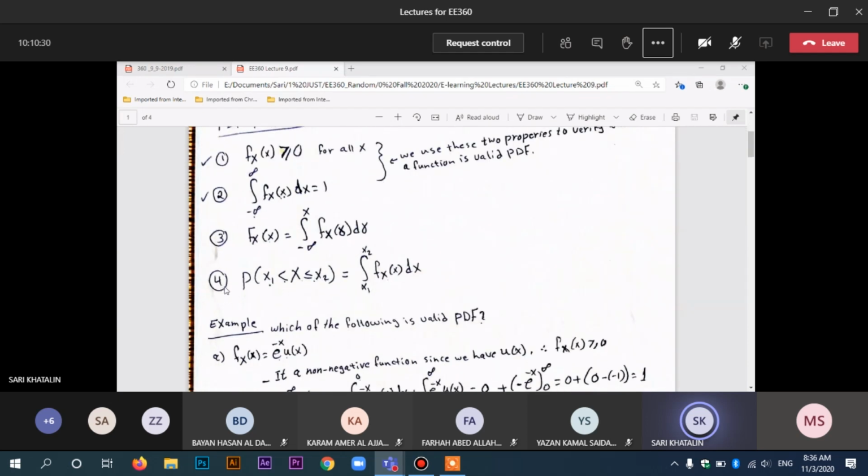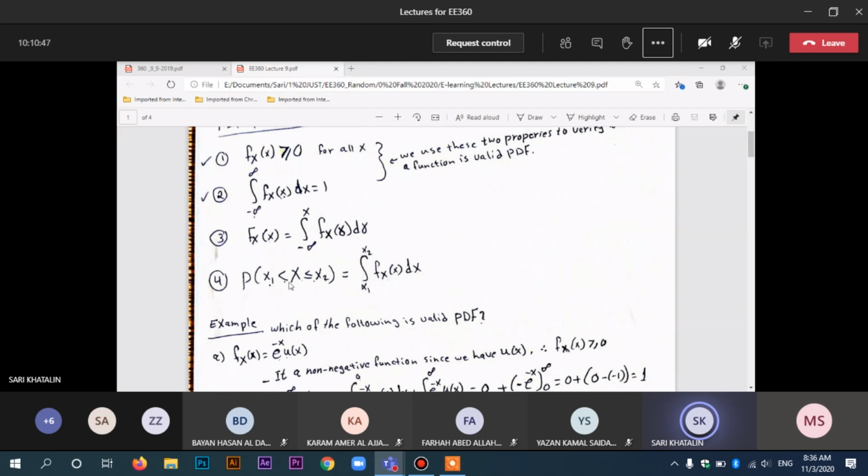And the fourth one: if you need to find the probability of the random variable x being between x1 and x2, you can find that by taking the integration of the PDF from x1 to x2.